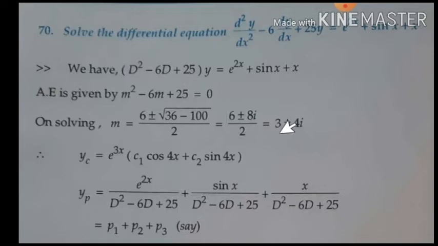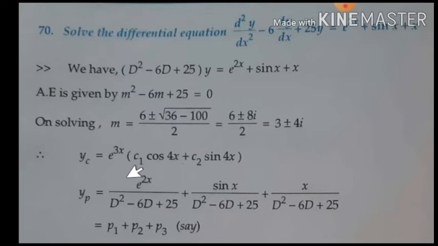Alpha, the general form is alpha plus or minus beta i. How to write the complementary function? e to the power of alpha x. What is the alpha value? 3. C1 into cos beta x. The beta value is 4. Plus C2 into sin beta x. So when the roots are complex, how to write the complementary function?